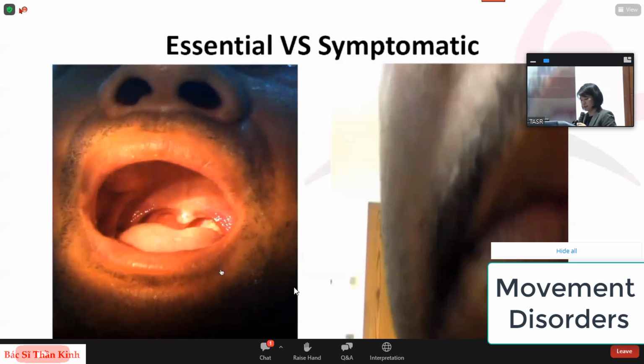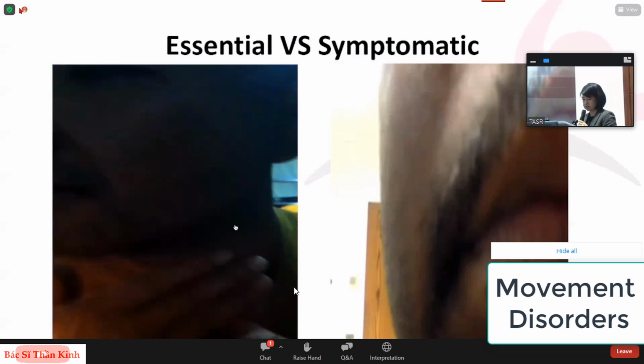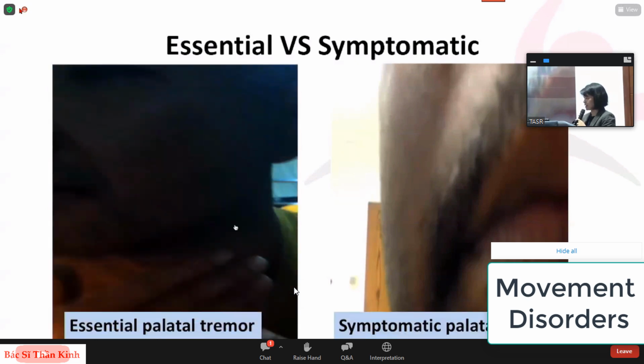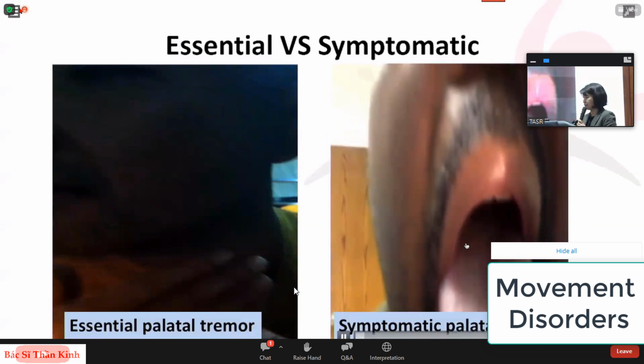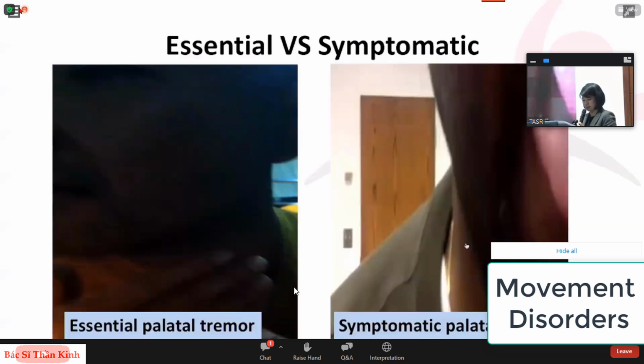And sometimes he can stop the movement. The first patient has the essential palatal tremor, but in the second patient you not only see the palatal tremor, but also a tongue tremor and another neurological sign like a tongue deviation. It is the symptomatic palatal tremor with the lesion in the brainstem.